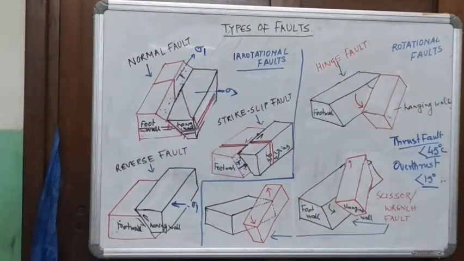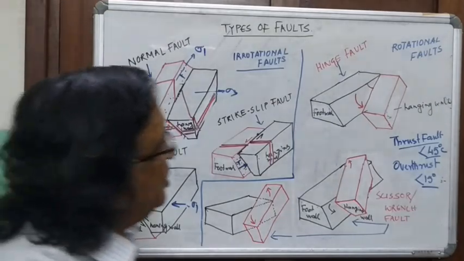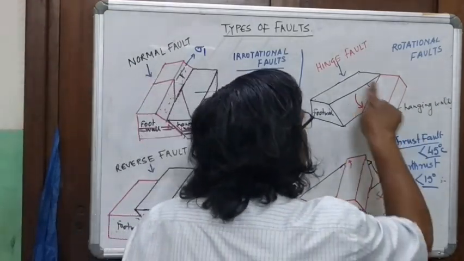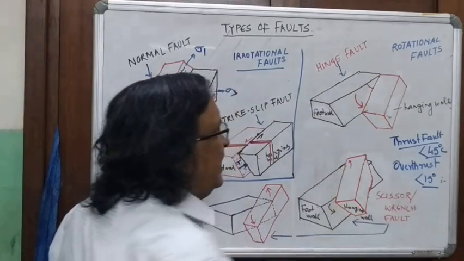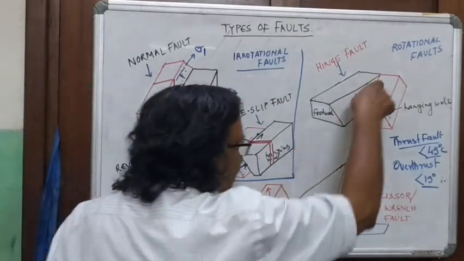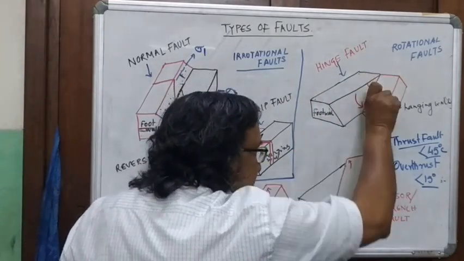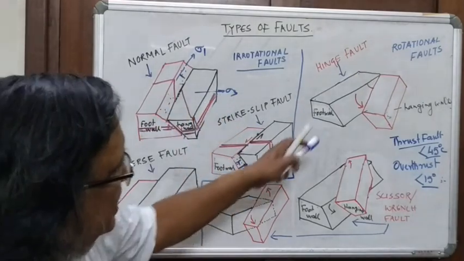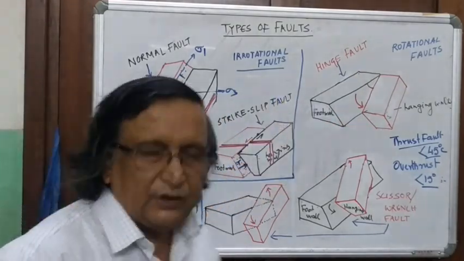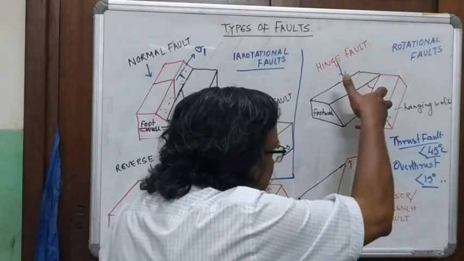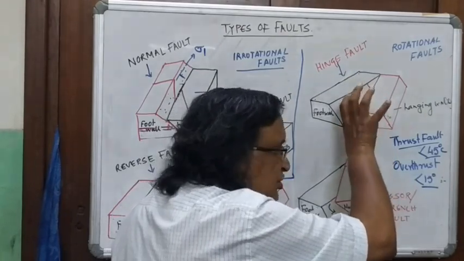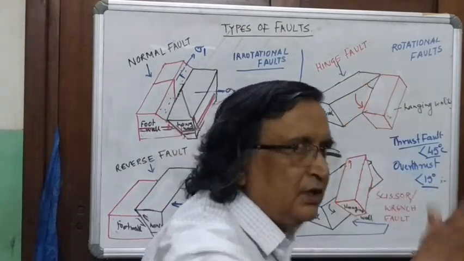Rotational faults are dominantly of two types. One is called a hinge fault, as she has written, where there is a fault and one block simply moves, the hanging wall moves with respect to the footwall. So what happens? The orientations of the structure of the footwall become modified.